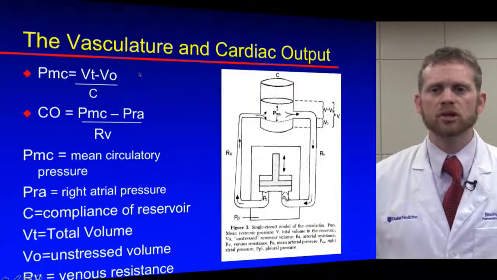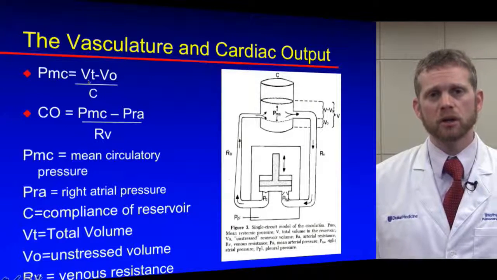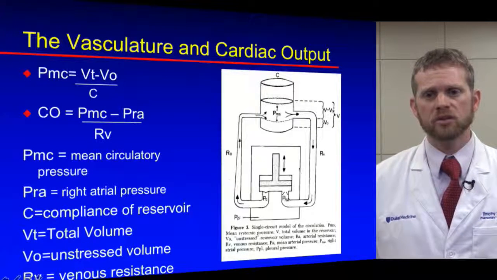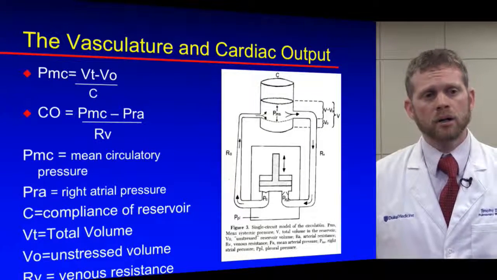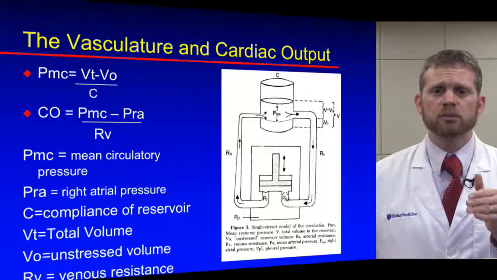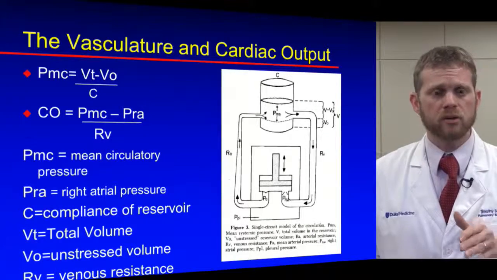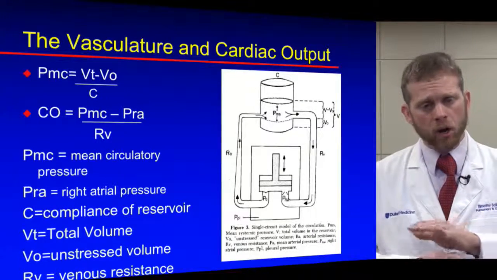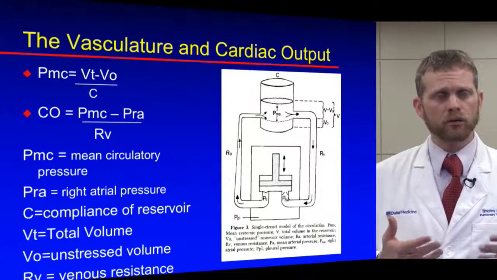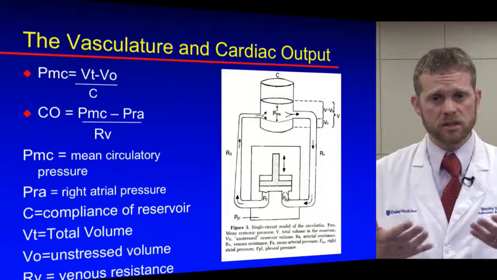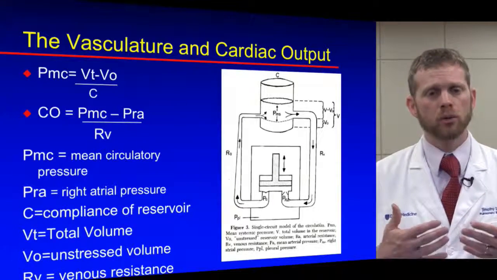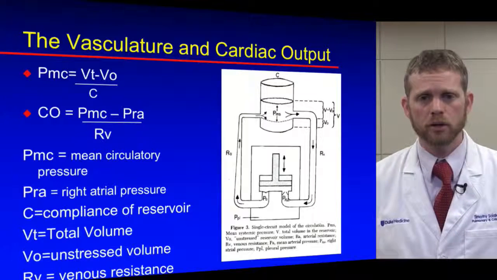PMC is the mean circulatory pressure. It is the upstream pressure for systemic venous circulation. It is also the intravascular pressure that would be measured if the heart were to fibrillate. So in the absence of flow, all the pressures would equalize to this mean systemic pressure, which is the upstream pressure for venous return.